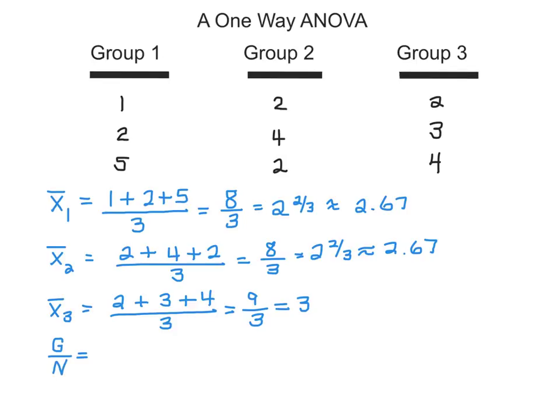The sum of the first 3 is 8, the second 3 is 8, and the third group of 3 is 9, so it's 8 plus 8 plus 9, which is 25, divided by the total number of values, n, which is 9. There are a total of 9 values, and this reduces to 2.78 for our grand mean.